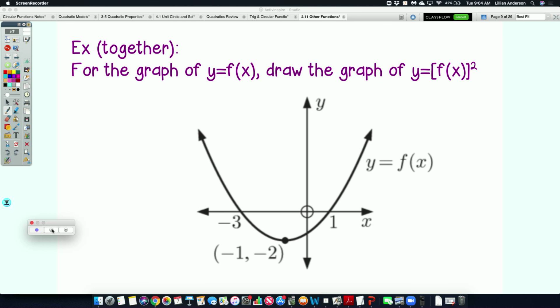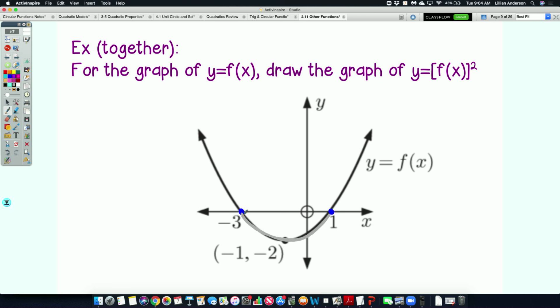All right, the next one says it touches the x-axis at its x-intercept. So that means that when we graph the square function, it is going to touch the x-axis where the original graph touched the x-axis as well. It needs to lie above or on the x-axis for all your x's, which means that this part right here that's below the x-axis needs to be above the x-axis.